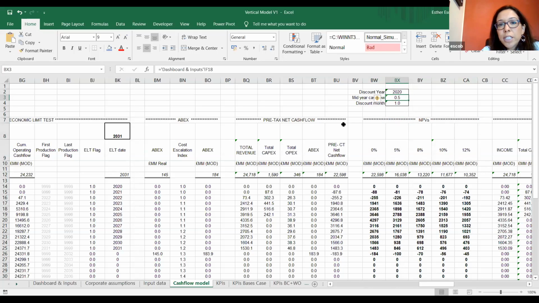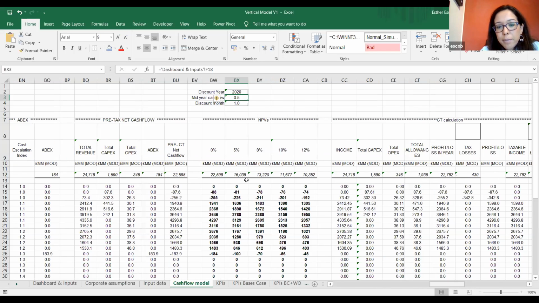In this case, we are assuming an average that everything has been happening in the middle of the year, in order to assess the discounted cash flow of that specific year. And this has been discounted as of the 1st of January.